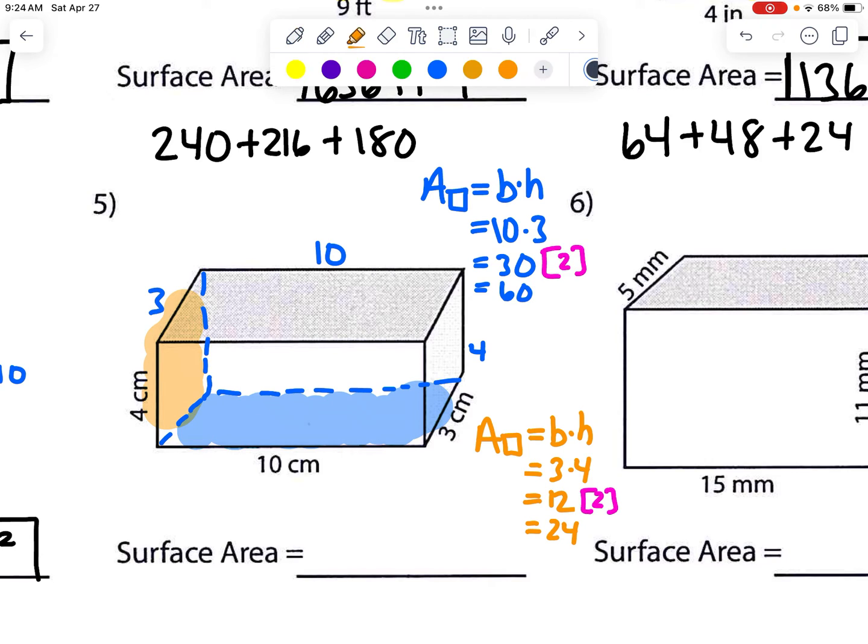Okay? And now our third one would be the back. Ooh, I think my drawing was kind of a little odd, but it's okay. This would be 10. This is a 10 by 4.